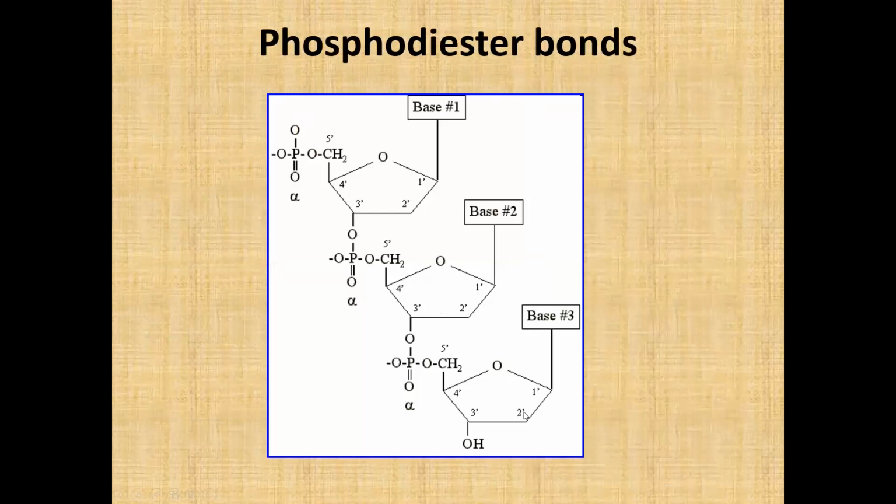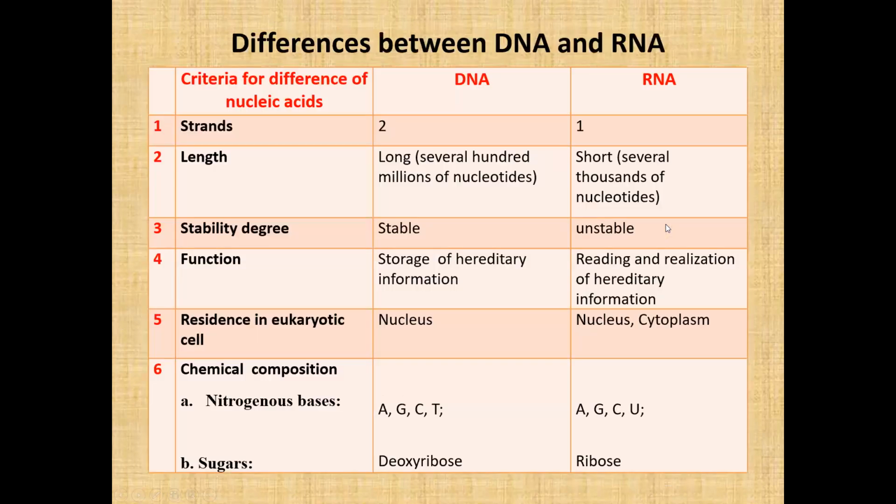And also you can see clearly the formation of these bonds in the case of a DNA strand or an RNA strand. This is a very good table depicting the differences between DNA and RNA molecules, and please read it carefully. We can summarize these differences with the help of this table.